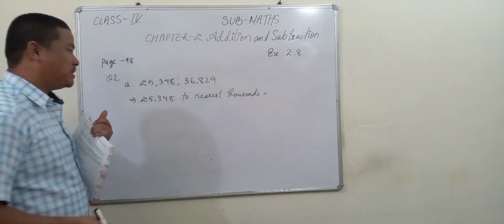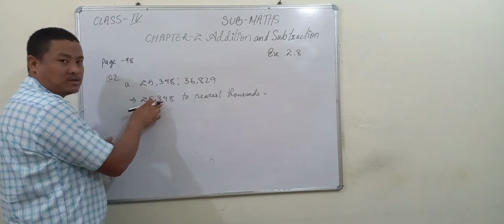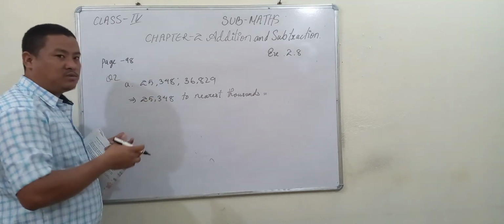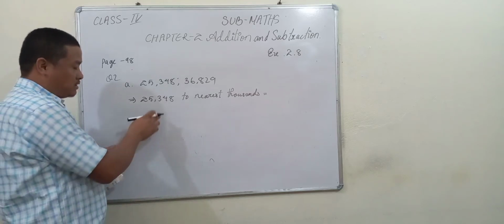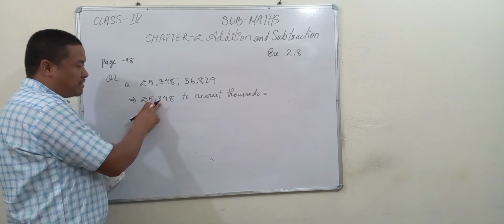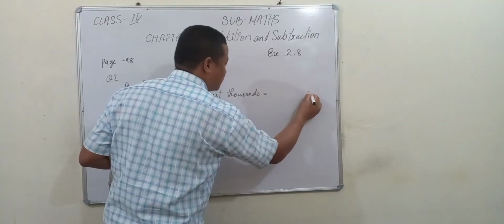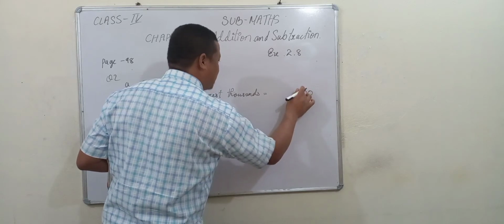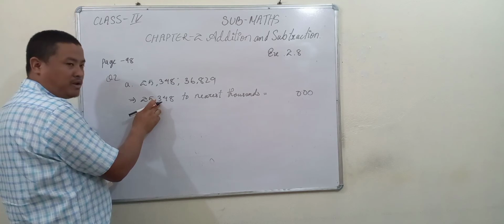Nearest thousand means we'll see the hundreds place. Which number is there? Is it 5, greater than 5, or smaller than 5? Now nearest thousand means these three numbers will become 0. First this 3 will become 0, and now you see this is 3, smaller than 5.